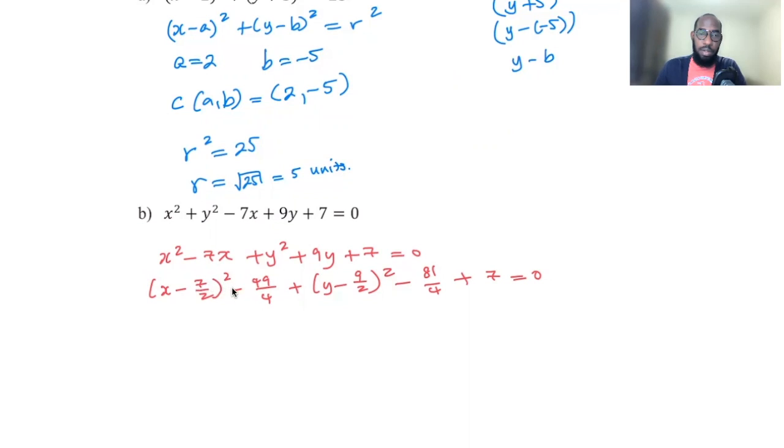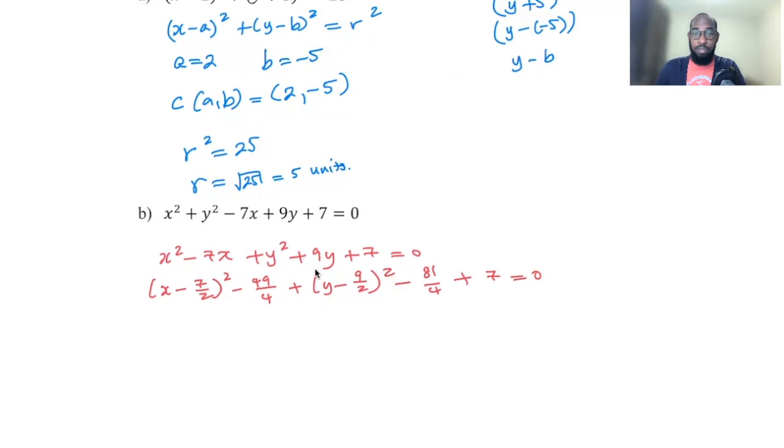Close bracket squared. The second step is put down a negative sign, and the third step is square what's inside the bracket, negative 7 over 2, and you will get 49 over 4. And we do the same principle for the y. The coefficient of y squared is 1.